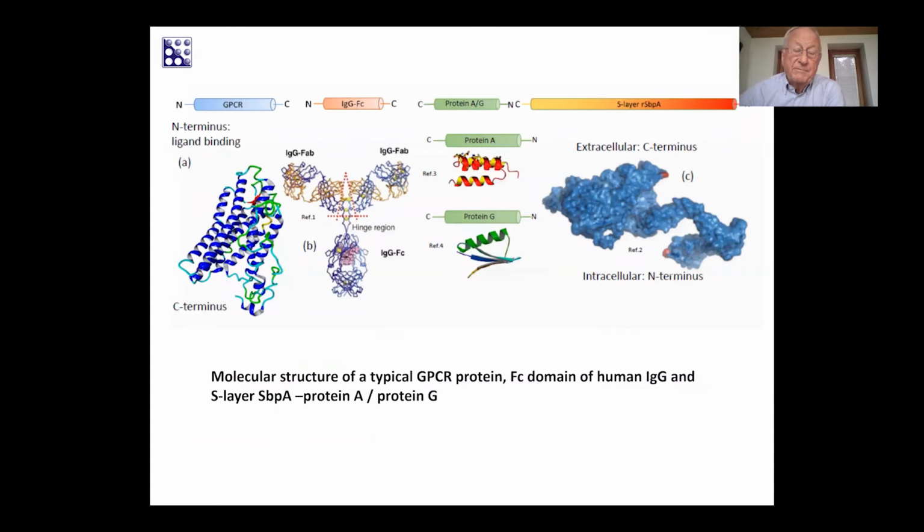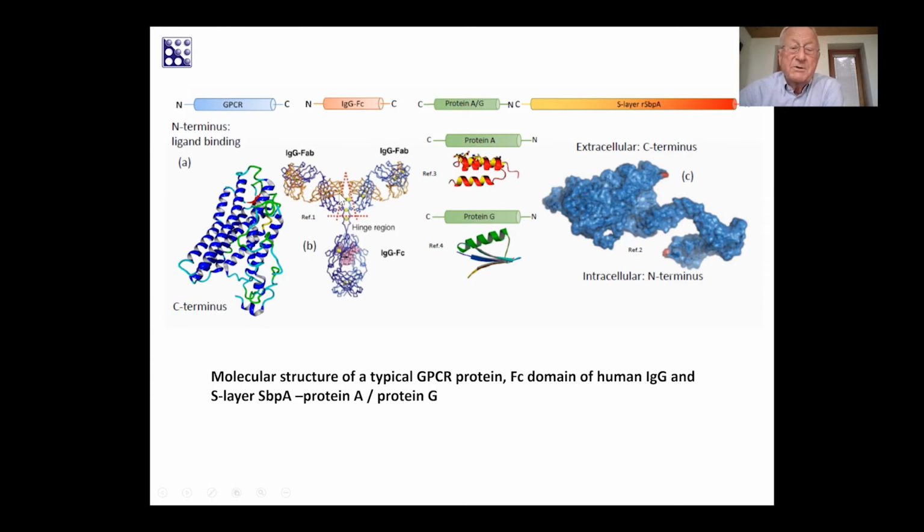In the following talk, Professor Shuguang Zhang will describe a very interesting approach for modifying the seven hydrophobic alpha helices of transmembrane proteins, particularly the so-called G protein coupled receptors. And we combined both our technologies in that we added to the G protein coupled receptor the IgG-Fc part.